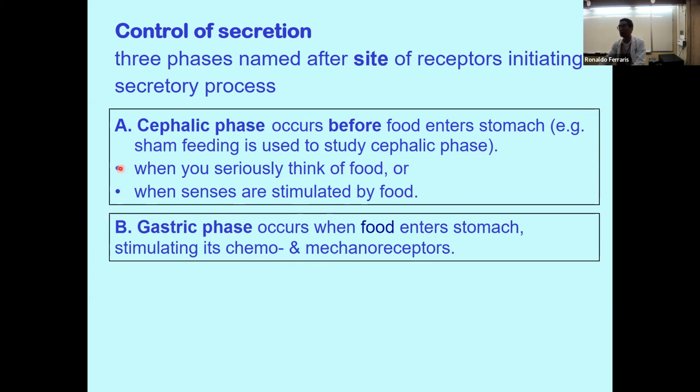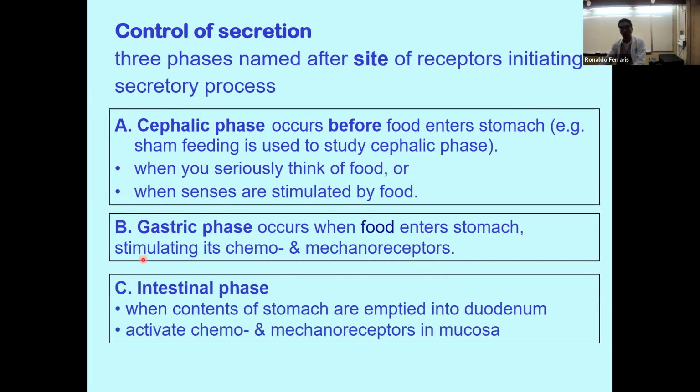You could actually digest because of these short reflexes and hormones being initiated by the gastric phase. And then the intestinal phase, as the name implies, is when the contents of the stomach are emptied into the duodenum, activating its chemo and mechanoreceptors there.